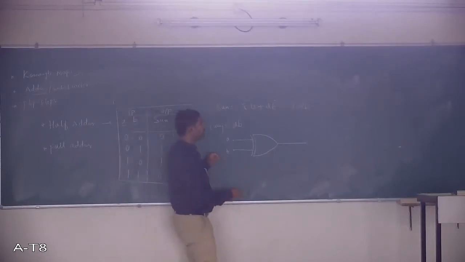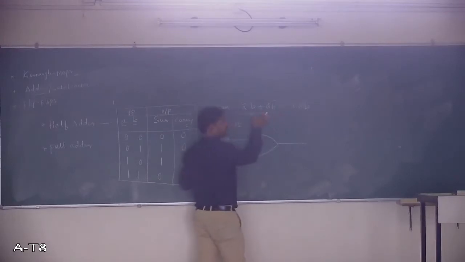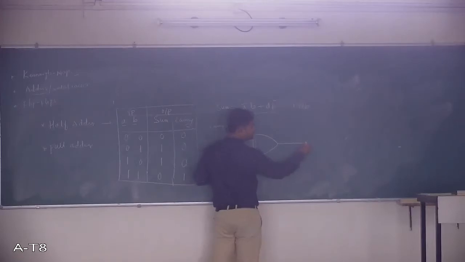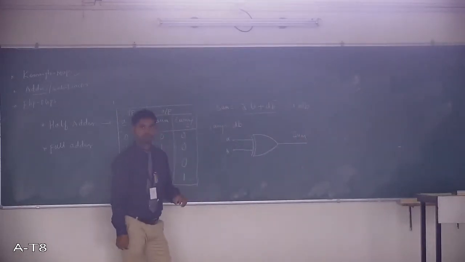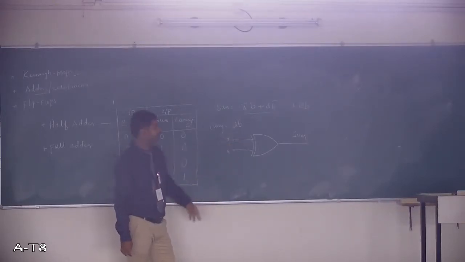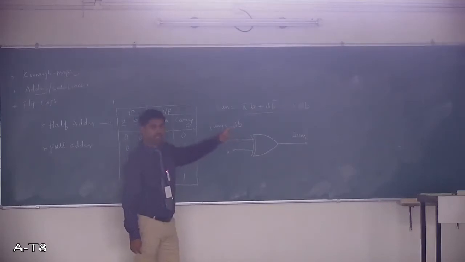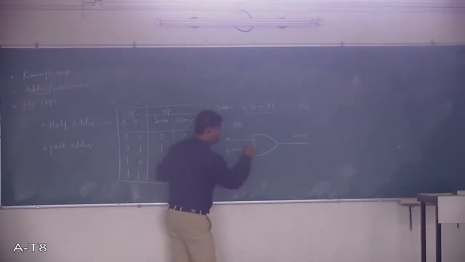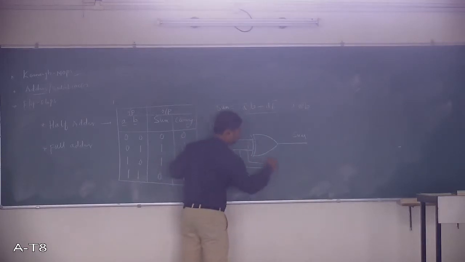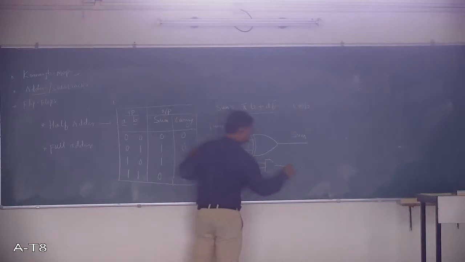So this entire expression I can get with a single gate, A XOR B. This is the expression for sum. How to produce the carry? Carry is AB. A is here, B is here. Use one AND gate, and the output is carry.